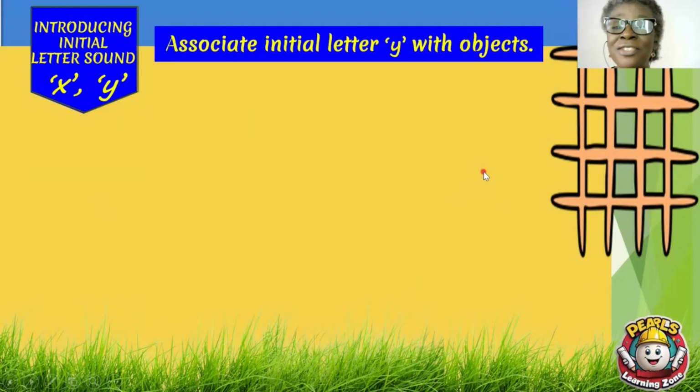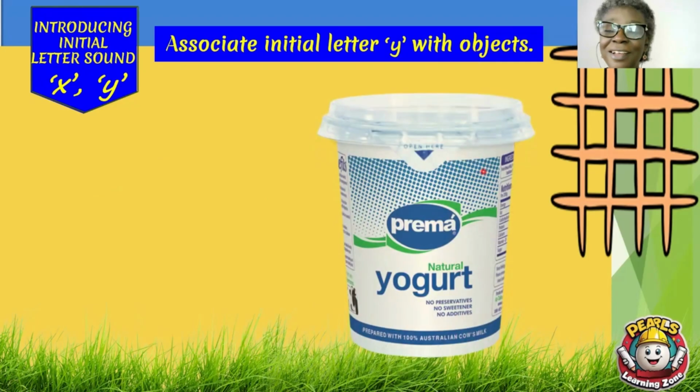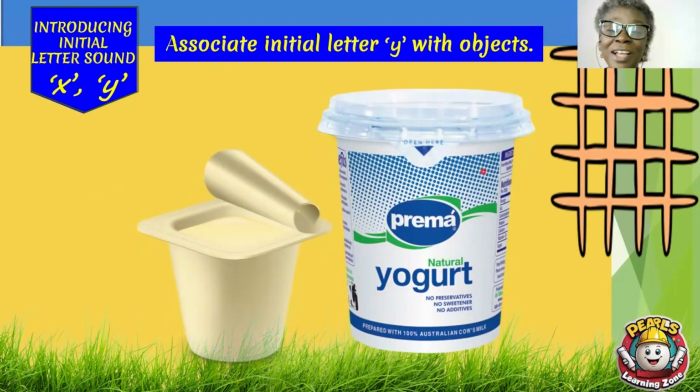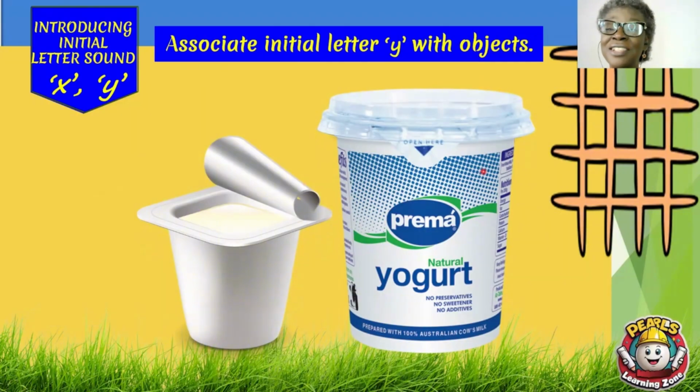I'm sure you'll be interested in this. Okay. Aha. Even before I show you the rest, you already know. Yogurt. Okay, this is yogurt. And it's creamy, isn't it? Can you see it?